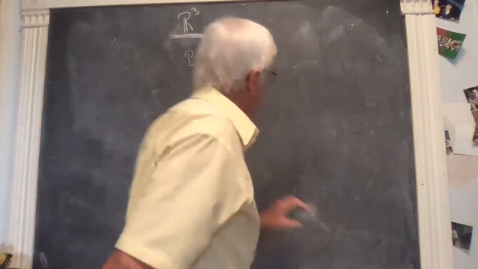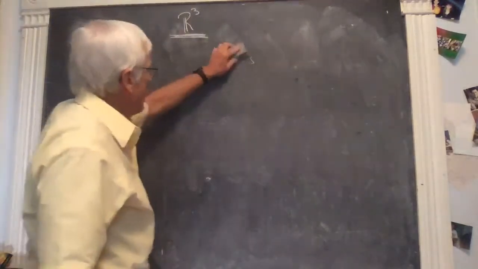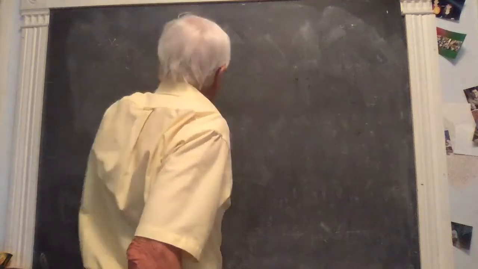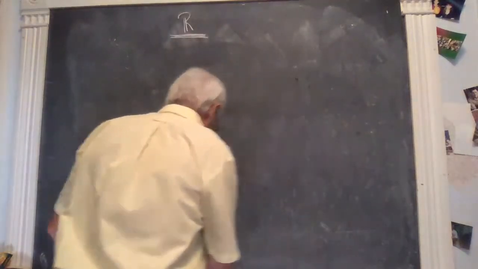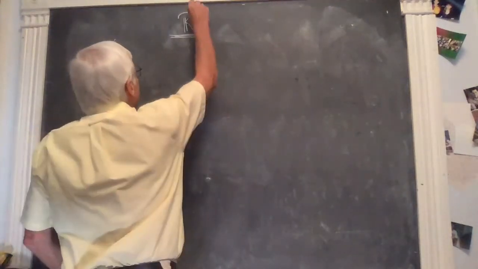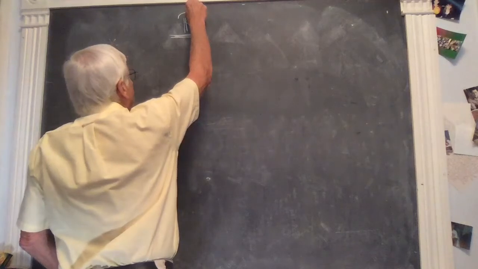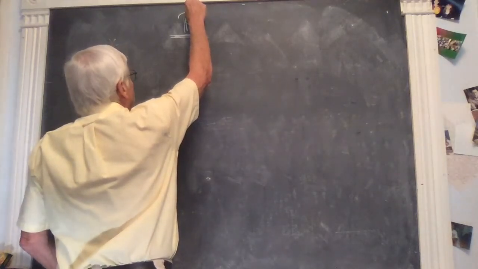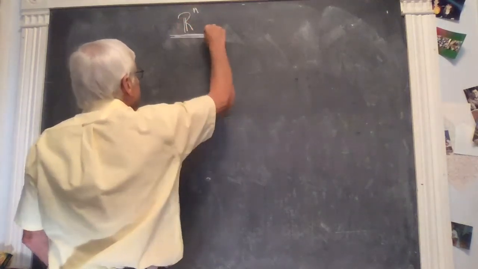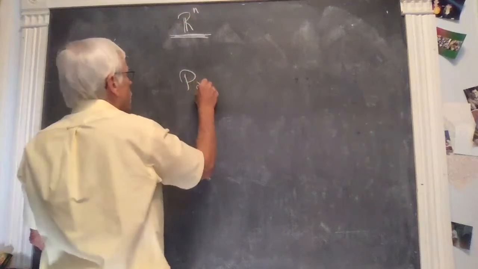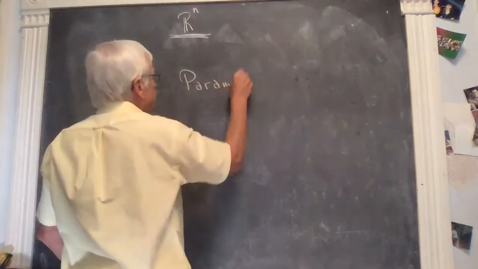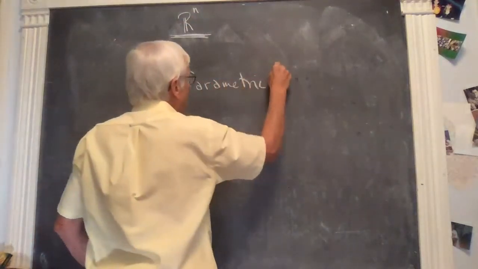So let me talk just a little bit more about what happens in higher dimensions. In R4 or R5 or R6 or in general Rn, I just want to talk about the parametric form here.